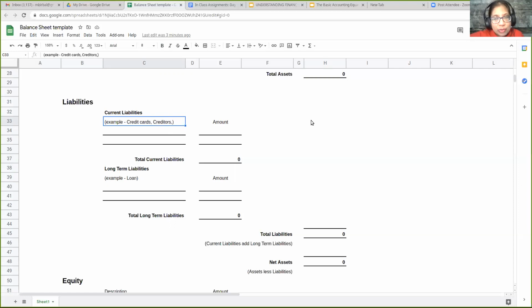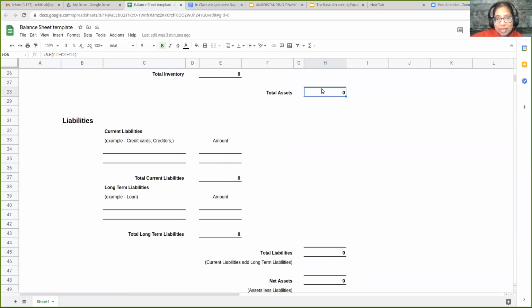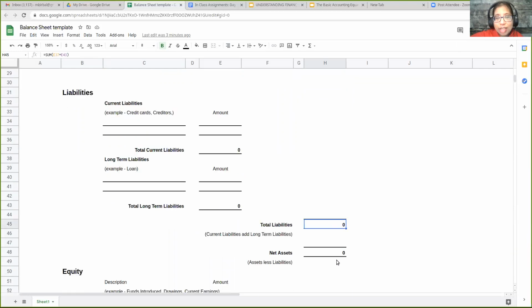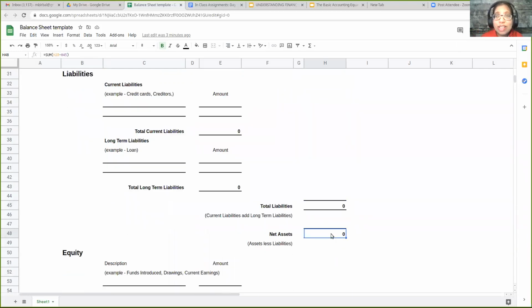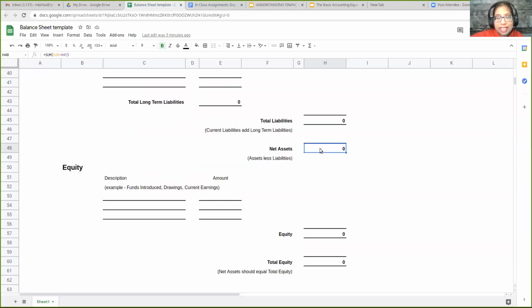So there we have the figure for total liabilities when you add up these two. Now remember, the difference between your total assets and your total liabilities would be your net assets, or also known as owner's equity. So basically, what I'm telling you is that the net assets, this figure over here, must always balance.